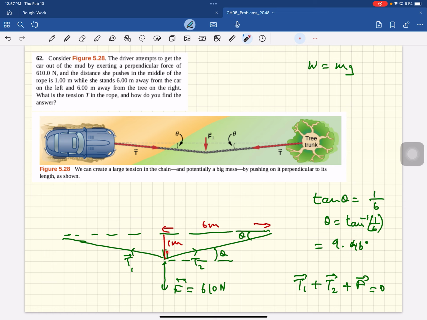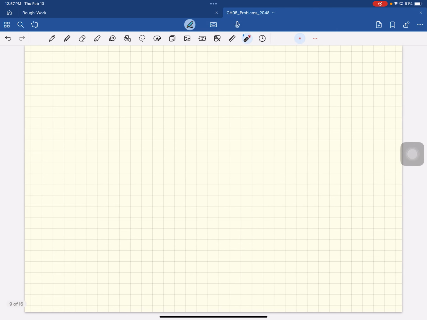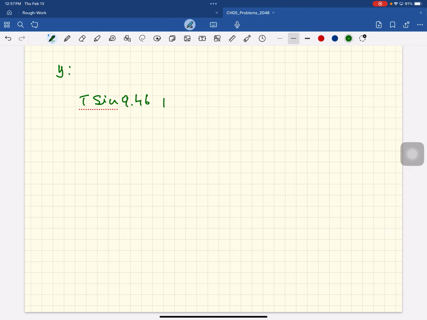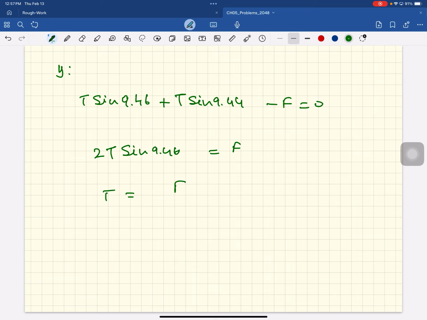This Y component plus this Y component should equal that force. So if you write down the Y components of the forces, T sine 9.46 plus T sine 9.46 minus F should equal 0. 2T sine 9.46 should equal F. T is F over 2 sine 9.46.